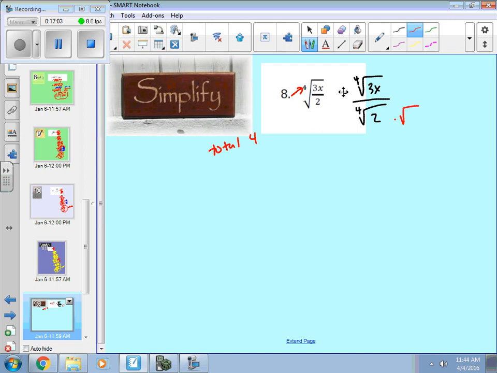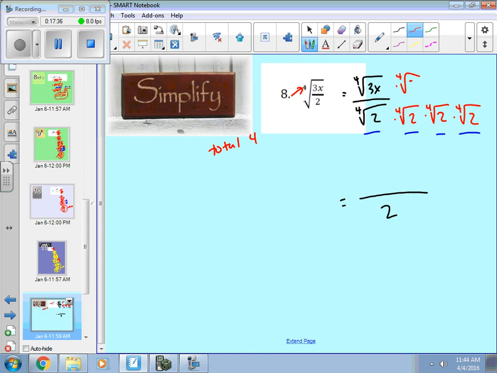So if we want to rationalize this one, we got to multiply by 3 more of these 4th root of 2's, because now we have a total of 1, 2, 3, 4. So if you have 4 of those, that will then simplify to, on the bottom, just 2, because you got 4 4th root of 2's being multiplied. That would just equal 2. But whatever we multiply to the bottom, we also need to multiply to the top.